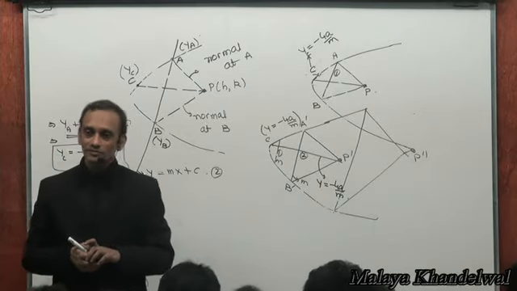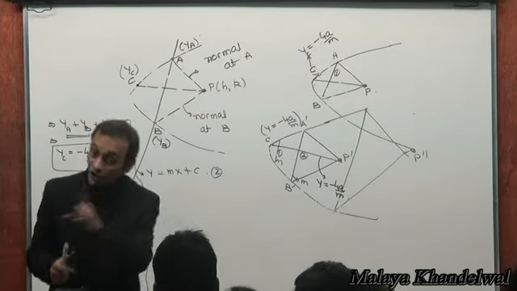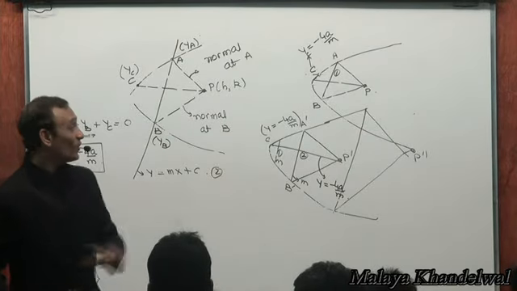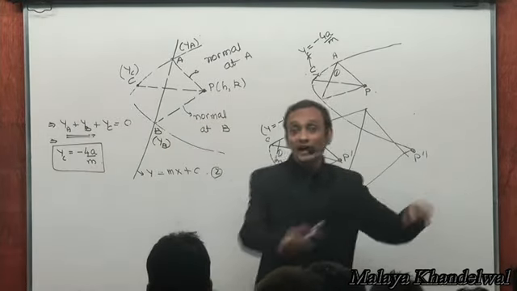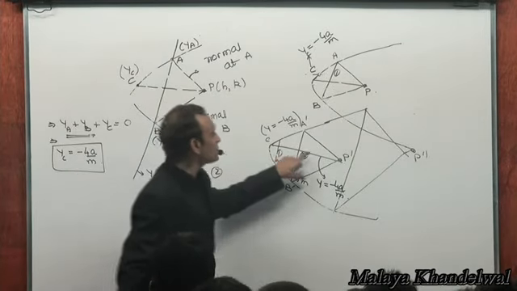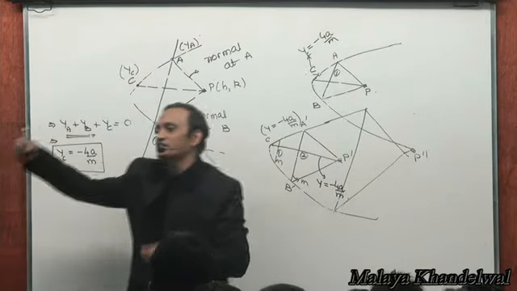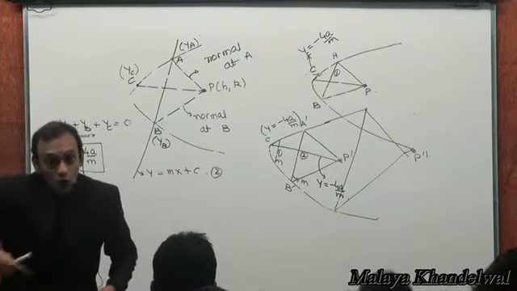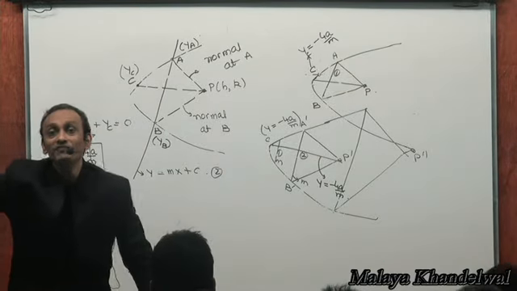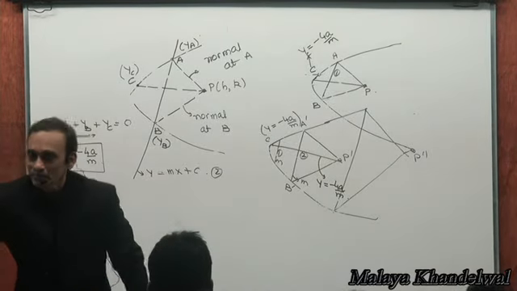Collinear, and they lie on the line y equal to minus 4a by m. Perfect. All these P's would be collinear and they would lie on the normal y equal to minus 4a by m. All these P's obtained by intersection of normals at the extremities must be collinear points and must lie on the same normal, the normal drawn at y equal to minus 4a by m. Very good.